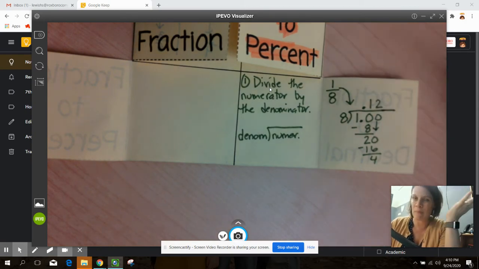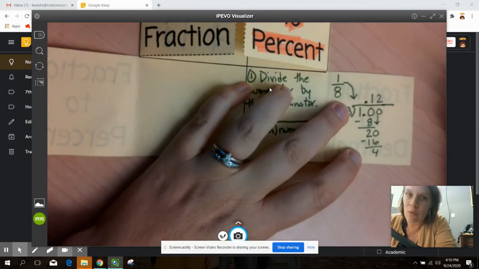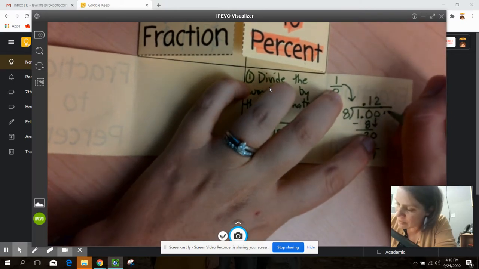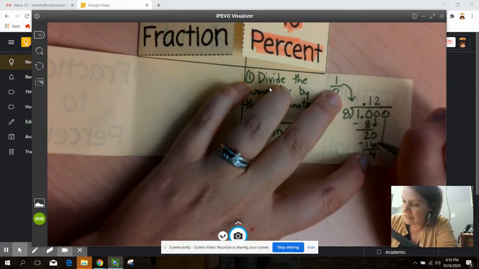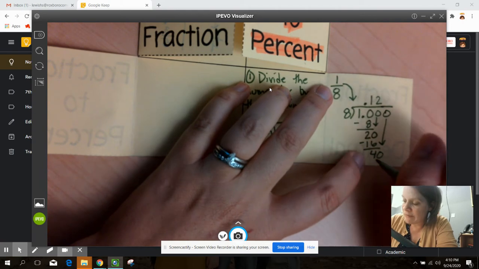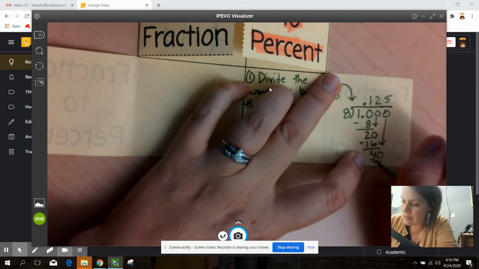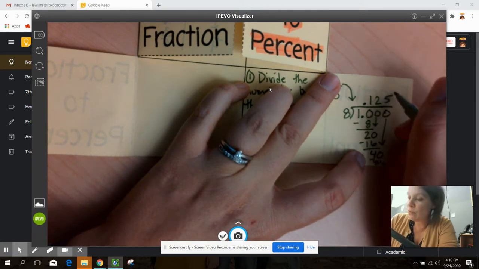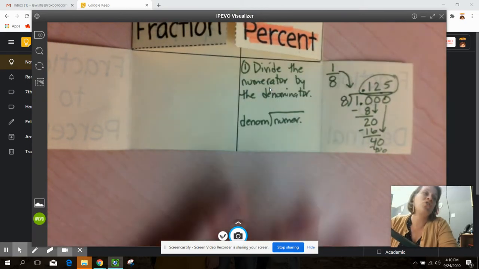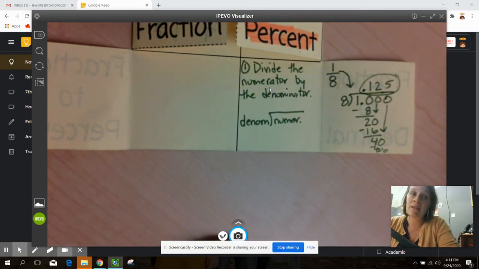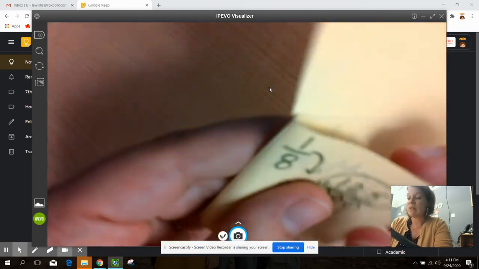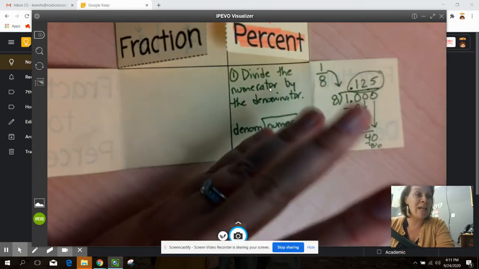That's the nearest hundredth. But I'm going to go one more place for this one, because I know it ends at this. So we put a 0 there. We're going to bring that 0 down. 8 will go into 40. 5 times 8 is 40, and we subtract and get a 0. So your answer is 125 thousandths. Okay, and that's that answer for that. So that's how we go from a fraction to a decimal.